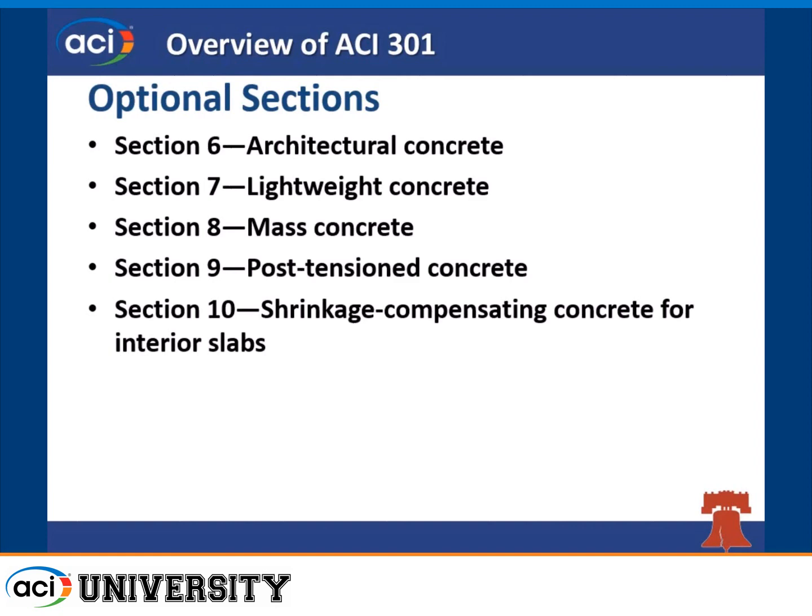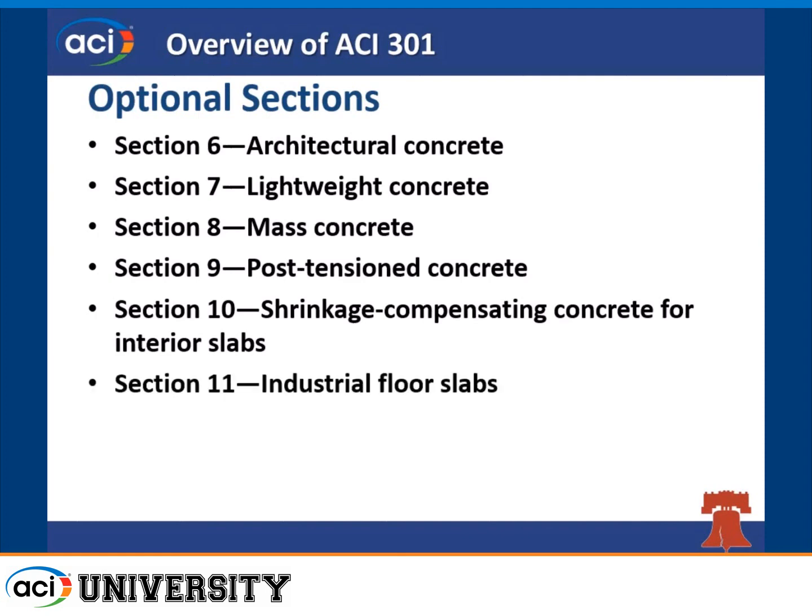And the way we do things nowadays with shrinkage compensating, and there is a separate committee on this, we decided that the information that was in it was appropriate for interior slabs, but wasn't necessarily appropriate for domes or for vertical construction and others. So we weren't ready to expand to that by the time we had our deadline. So instead we changed the scope to limit it to interior floors. So we're not saying you can't successfully do shrinkage compensating concrete in other applications. We're saying we didn't have that content confidently in 301 at this time.